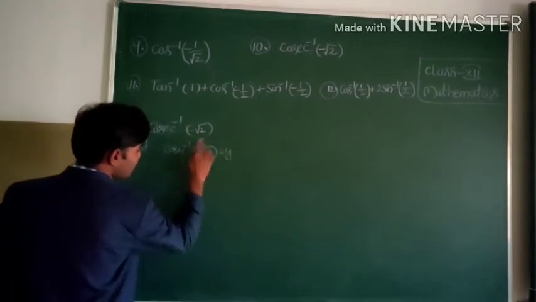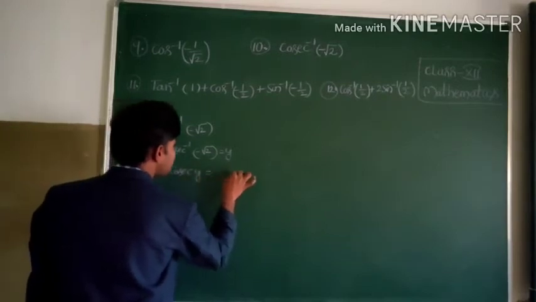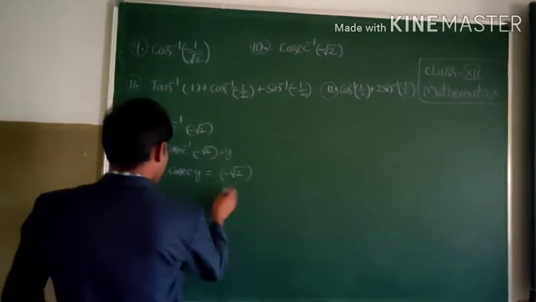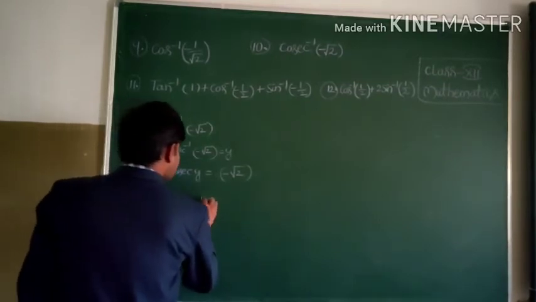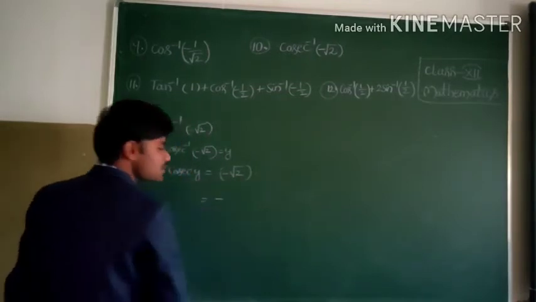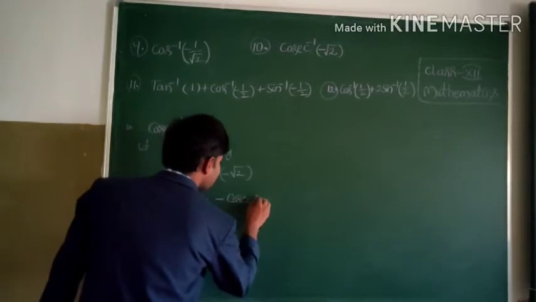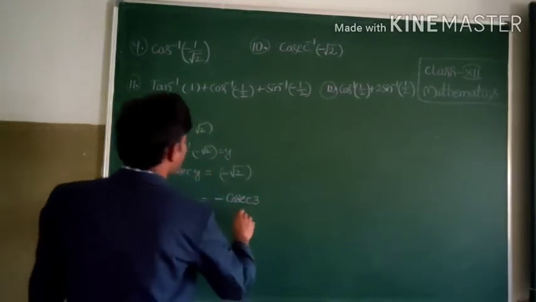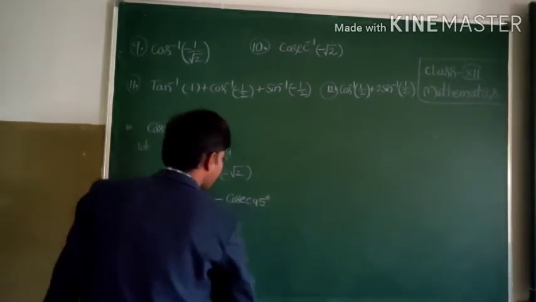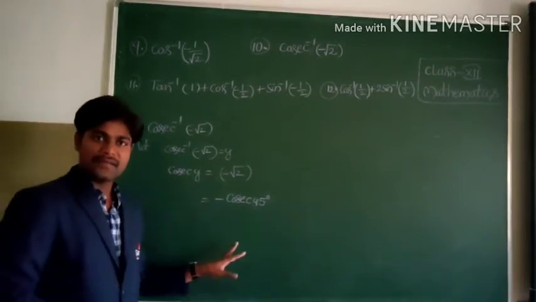Writing this on the other side, cosecant y is equal to minus root 2, right? Next, the value root 2 in terms of cosecant function is cosecant of 45 degrees, because the cosecant function is the reciprocal of the sine function, right?